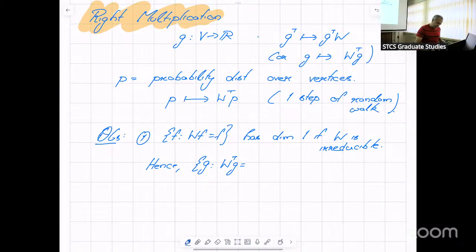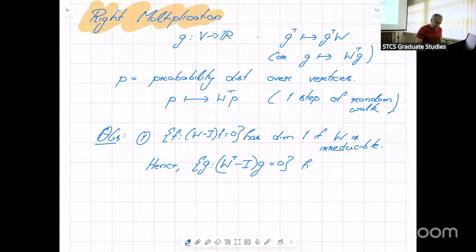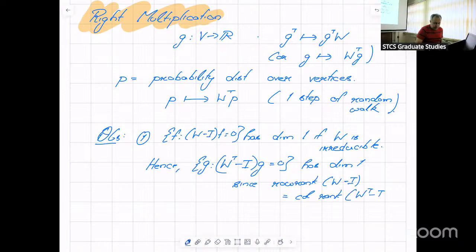The way to write this, strictly speaking, should have been (W minus I) times F is 0. So that one has dimension 1. Similarly, the solutions for this also have dimension 1, since the row rank of W minus I is the same as the column rank of W transpose minus I transpose, which is I itself.